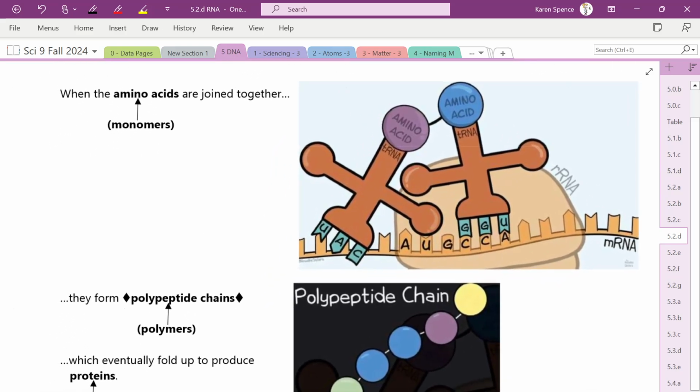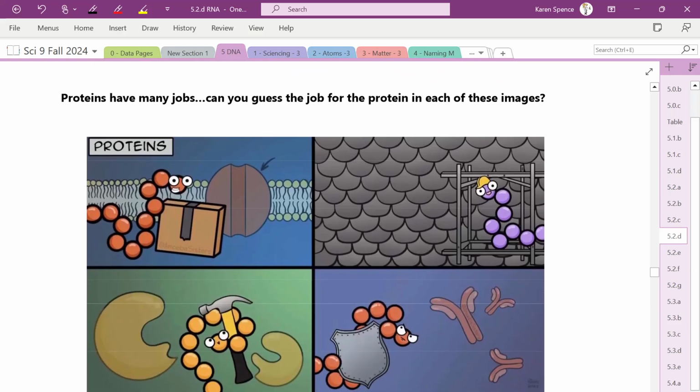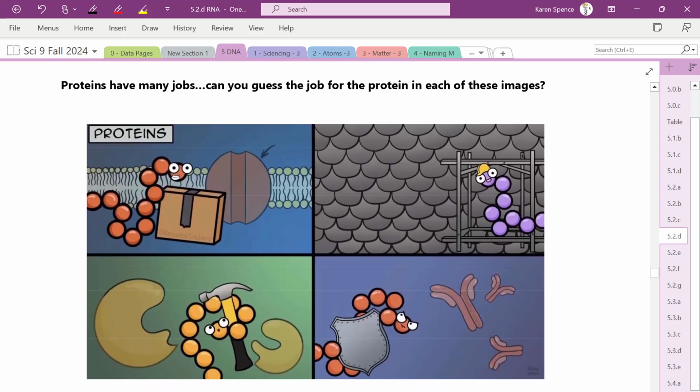Amino acids join together, they make polypeptide chains. You can just say they make proteins. Okay, the proteins are the polymers. Polypeptide chains are the polymers. And we have transport proteins. We have structural proteins.